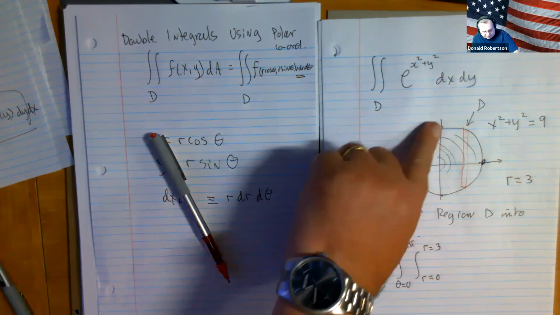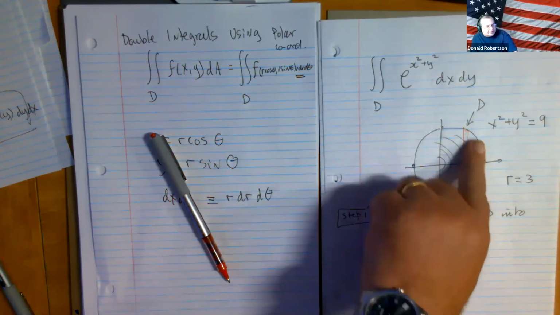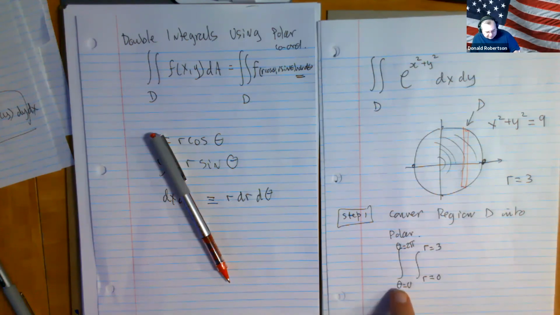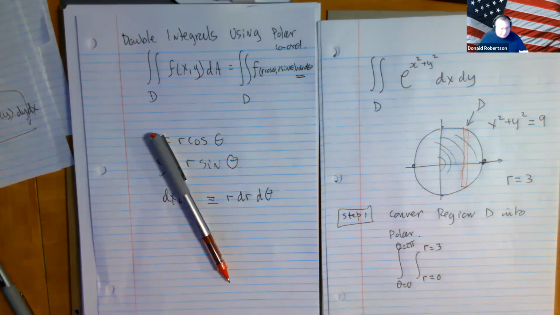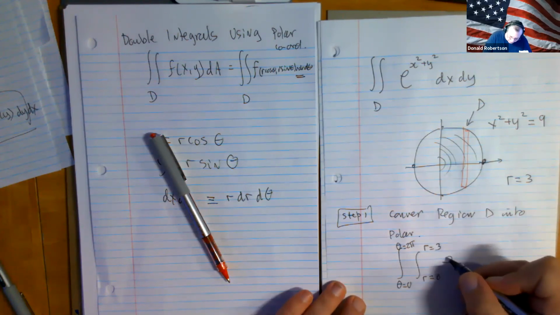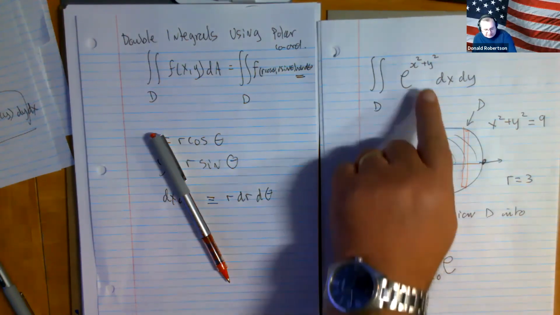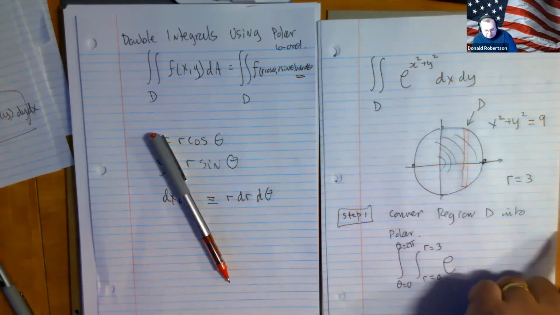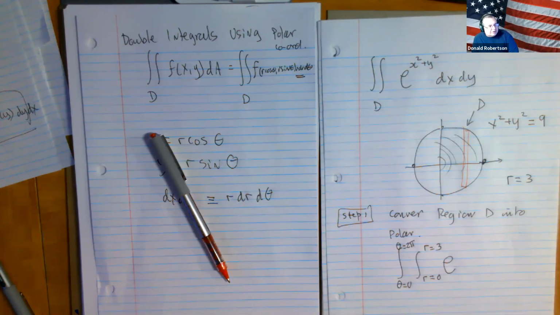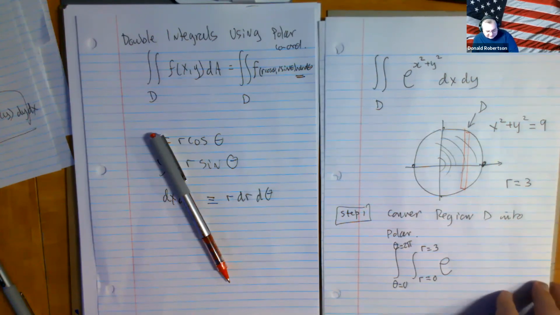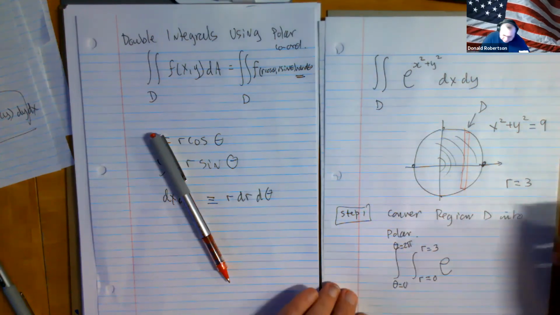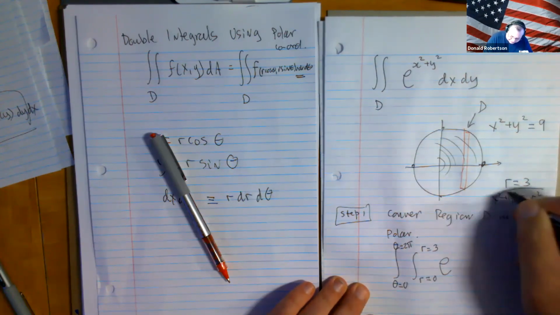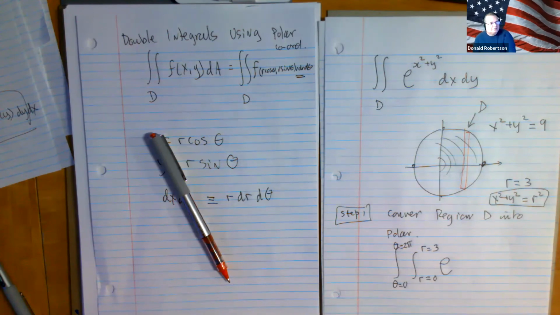So if I wanted to describe all the points inside this circular disk, you would go r equals 0 to 3 and theta equals 0 to 2 pi. And then you'd go e, but instead of x squared plus y squared, you would replace x squared plus y squared by its generic polar version.